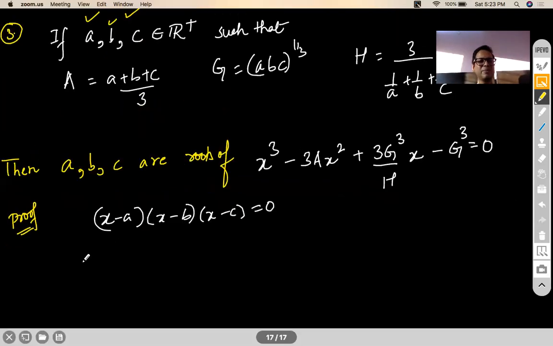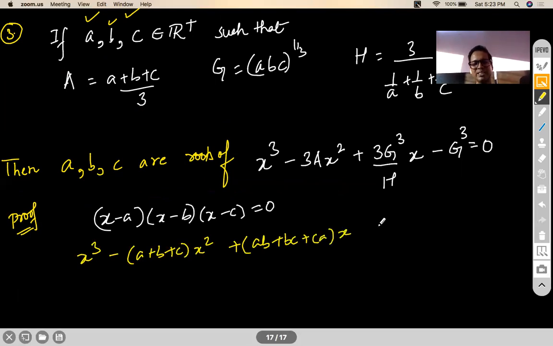If you simplify it, it becomes x cube minus (a plus b plus c) x square plus (ab plus bc plus ca) x minus abc equal to 0, right? Now, what is this quantity a plus b plus c? From here, a plus b plus c is actually 3A. So this can be replaced with 3A.